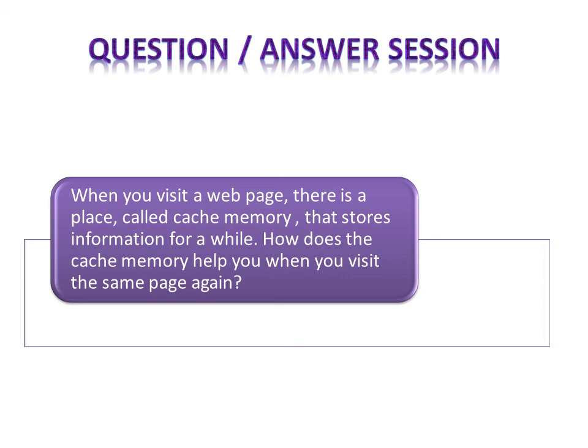Question: when you visit a web page, there is a place called cache memory that stores information for a while. How does the cache memory help you when you visit the same page again? Actually, the cache memory is a place on our computer, the web cache, where the recently used websites are stored.